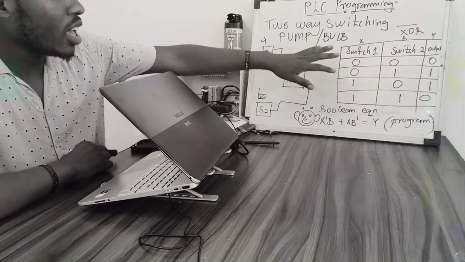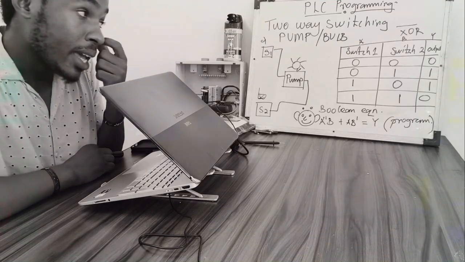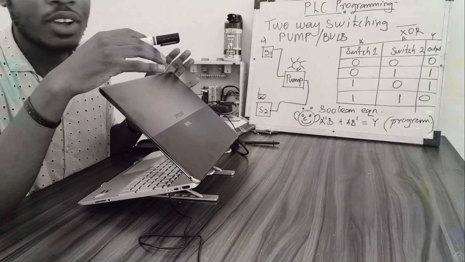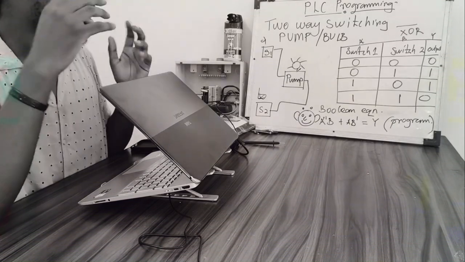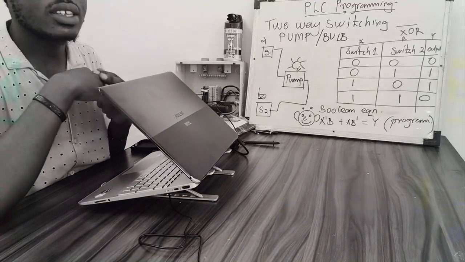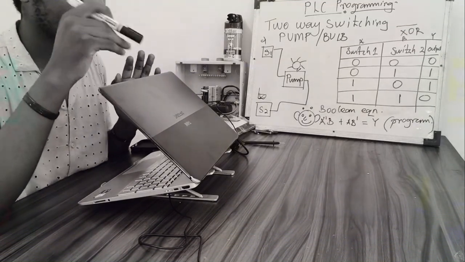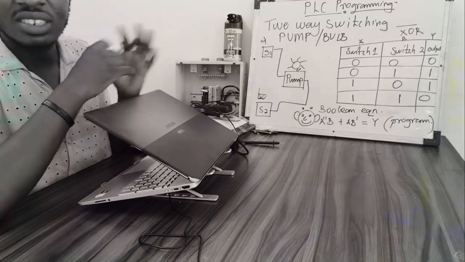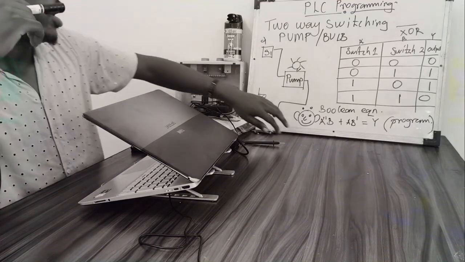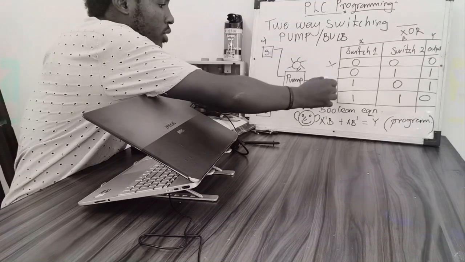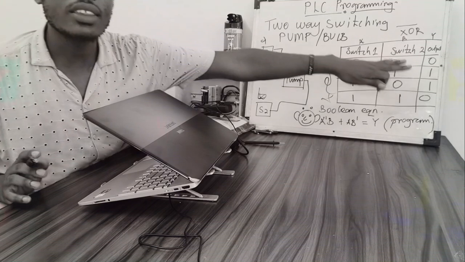So if I do this XOR combination, I realize I now need to write a PLC program. It's going to be funny for you that it's something very small, but you have to have some concepts to understand it easily, or it will take you some time to internalize. This is what I did in analog electronics, digital electronics. Now I need an equation to give me this, because this is where I need the output.